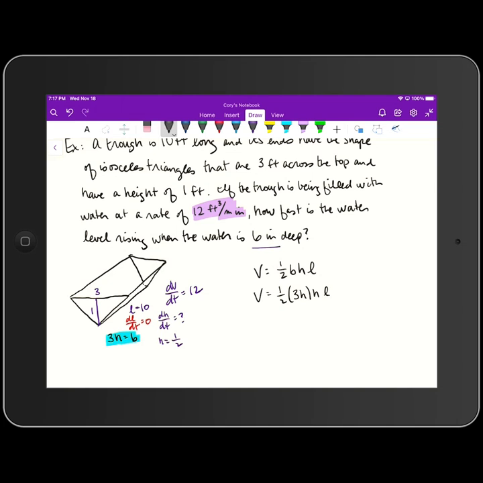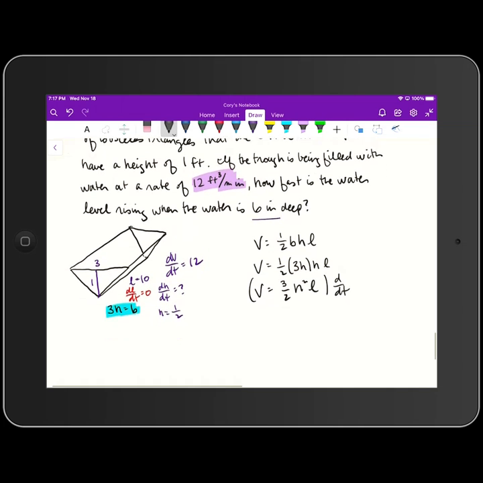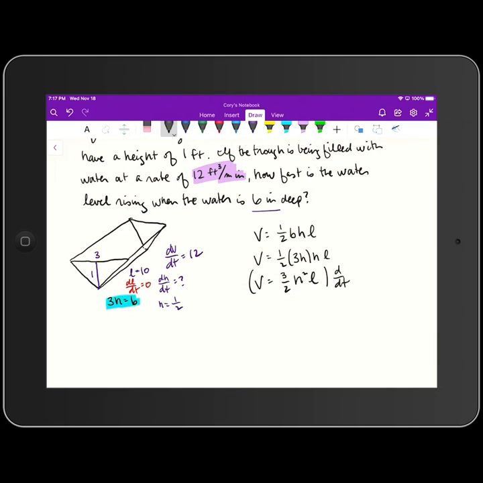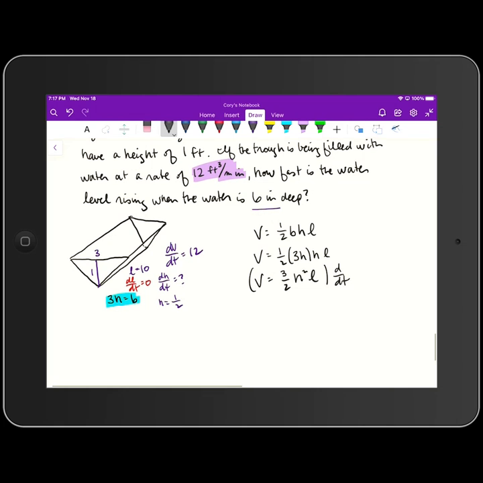If I simplify that, we get volume here: 3 times 1/2 is 3/2, h times h is h squared, times l. And then we're going to take the derivative of this with respect to t. When we do that, we will have everything that we need in order to solve for dh/dt. Okay, so the derivative of the left-hand side is dV/dt.